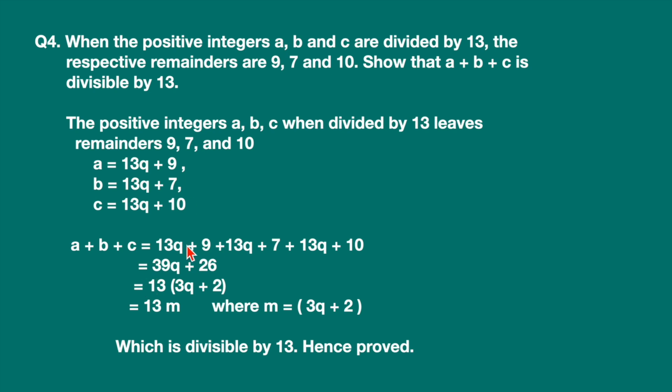So you have to add the RHS also. So 13q plus 13q plus 13q is 39q. 9 plus 7 plus 10 is 26. Take out 13 common, you get 3q plus 2. So 13m, where m is equal to 3q plus 2. So here you can see that a plus b plus c is divisible by 13.